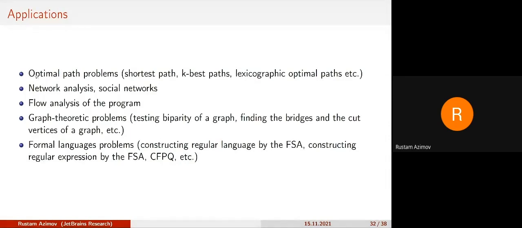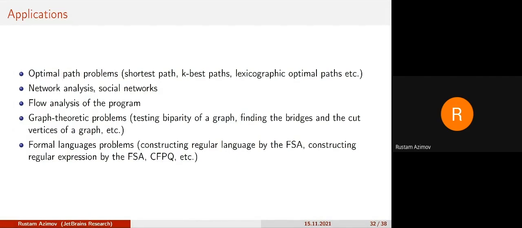For example, the different optimal path problems like shortest path, k-best paths, lexicographic optimal paths, but also some applications in network analysis, social networks, and in analysis of programs, where we just want to know if some variable was changed or not in some part of the program.